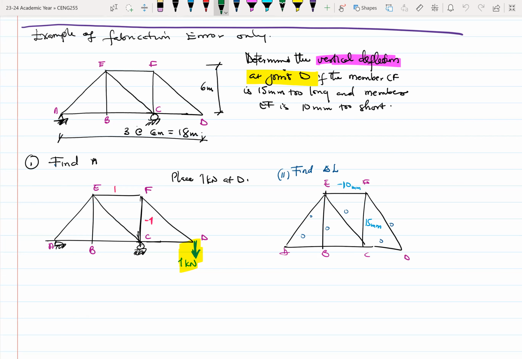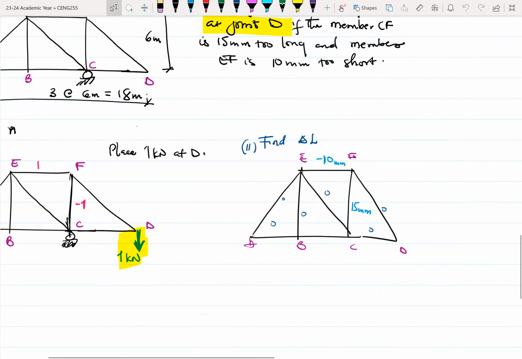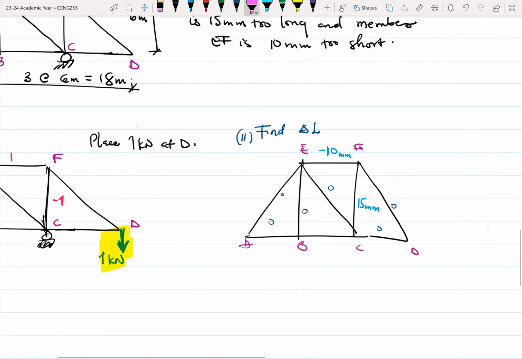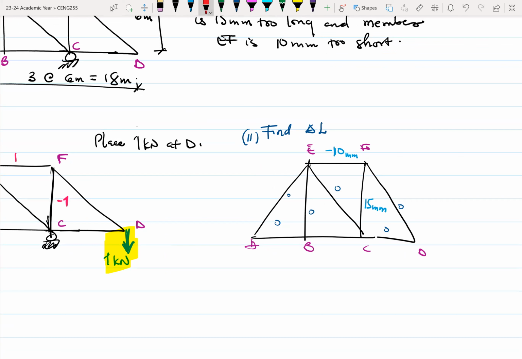So usually I prefer to do step two first, because step two will let me identify which members are actually contributing to the deflection of the joint, right? So here we are told that member CF is 50 millimeters too long. So it means that there has been an increase. So if you take CF, there has been an increase of 50 millimeters in the length of CF.